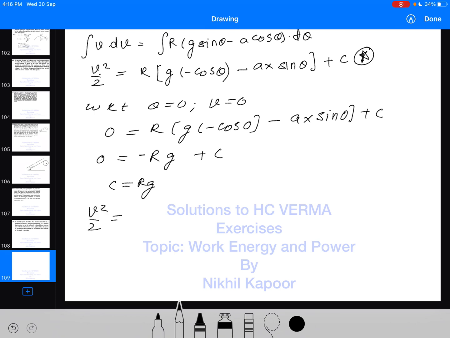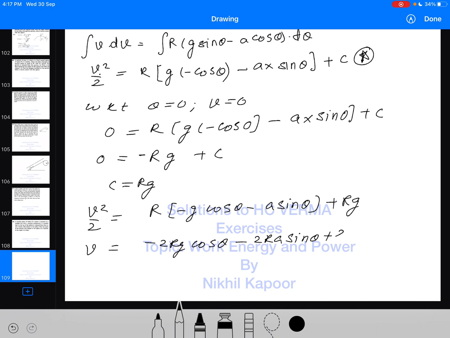So v square upon 2 is equal to r in bracket minus g cos theta minus a sin theta, plus rg. Now I will substitute the value here. So v square would be equal to, multiplying 2 and r inside, minus 2rg cos theta minus 2ra sin theta plus 2rg.